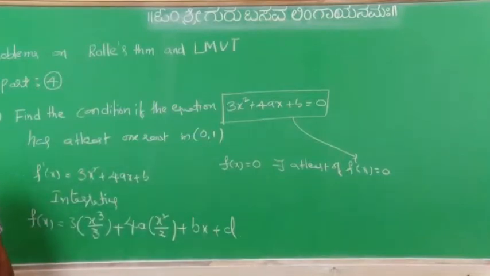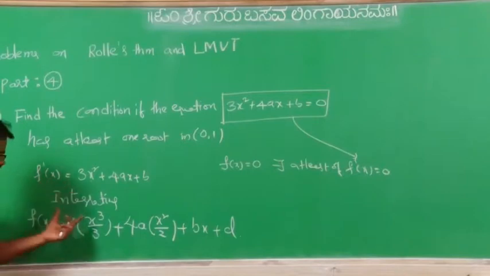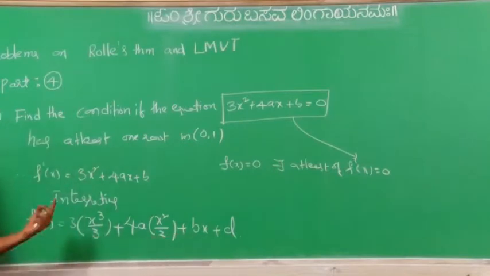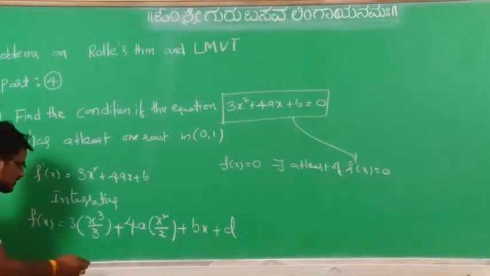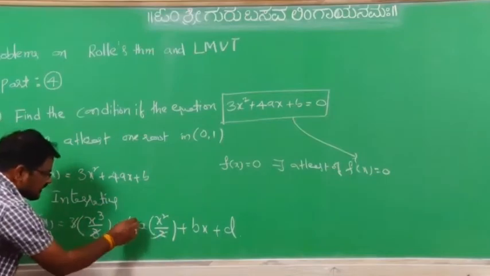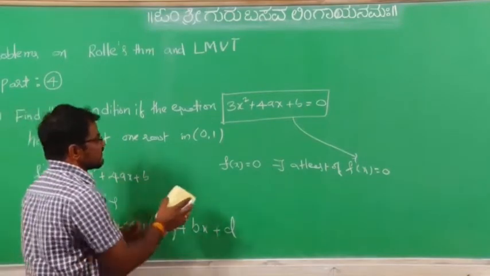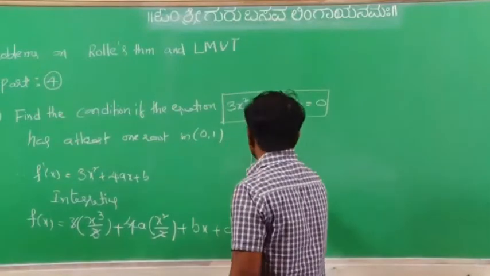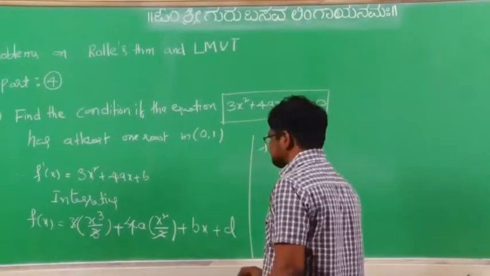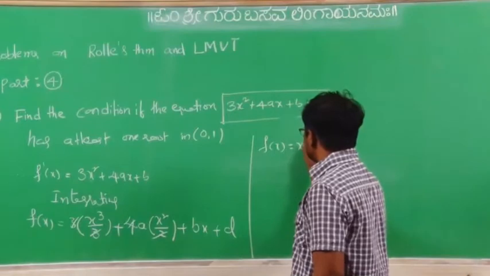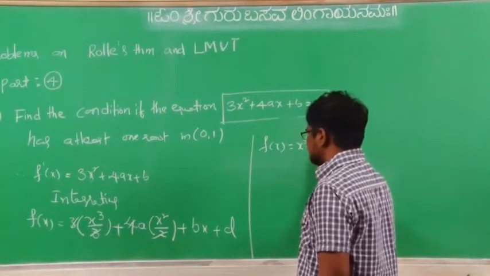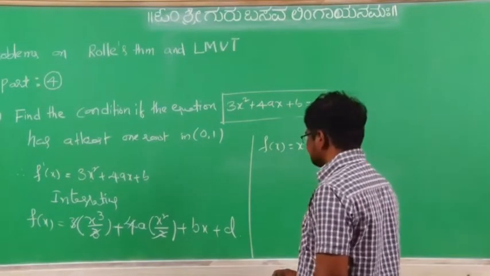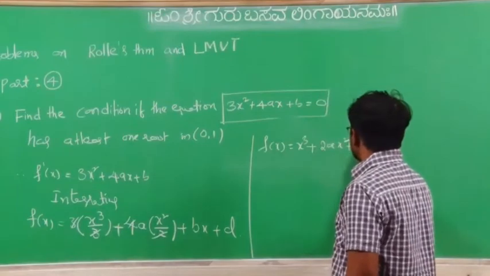Otherwise, directly by identification of f dash x you can identify f of x also. Now the 3 cancels, and the 2 cancels. Now f of x is x cube plus 2ax square plus bx plus d.